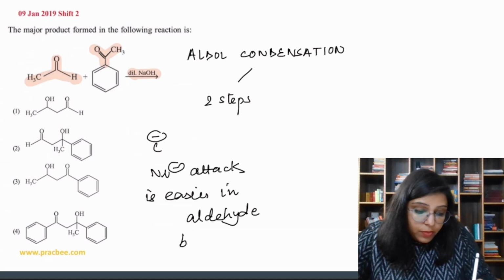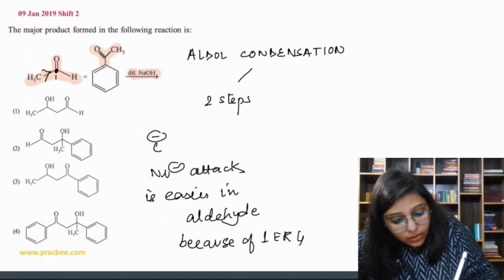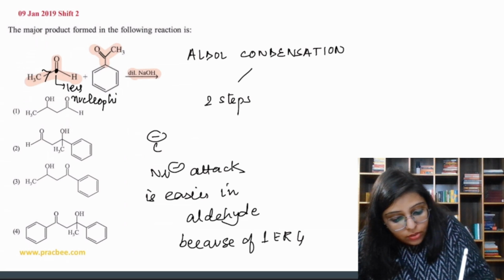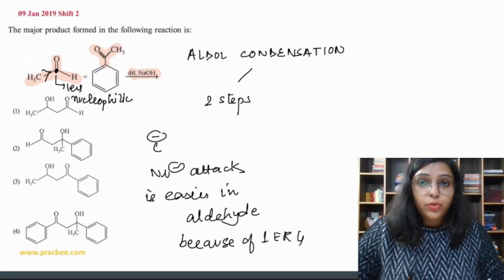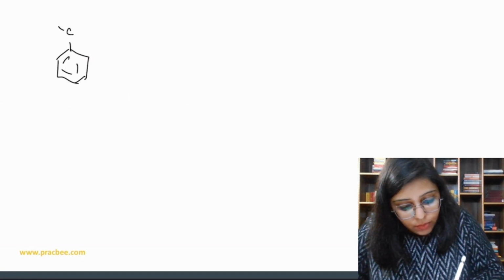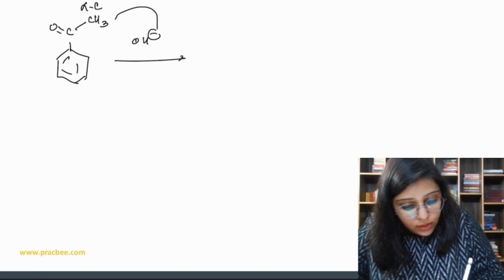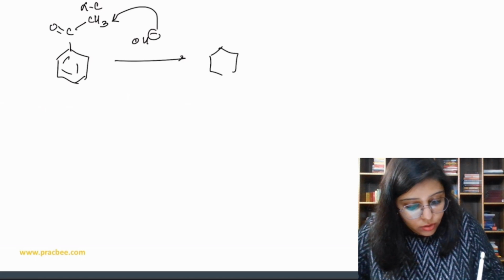Because of one electron releasing group, this carbon is less nucleophilic in the ketone. So what we are going to do, if we have this C double bond O CH3, this is the alpha carbon. In the presence of base, we have to abstract this hydrogen.